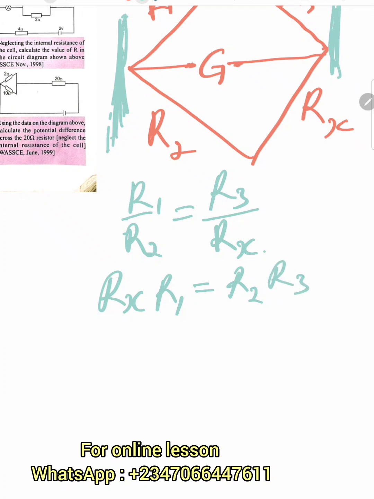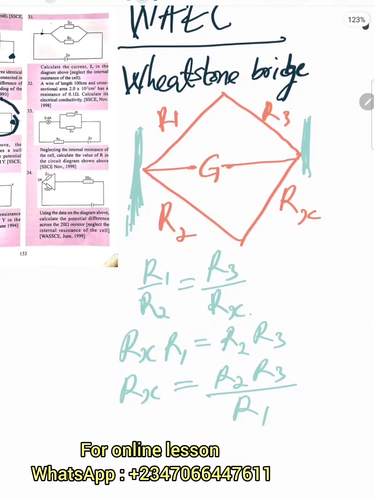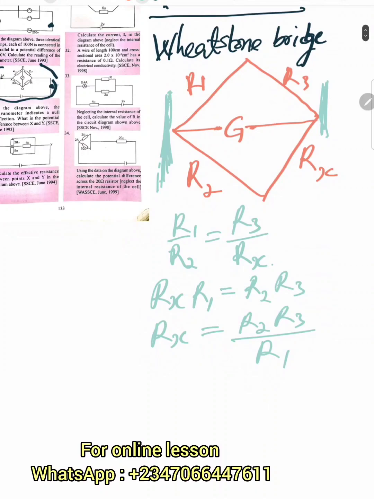Now we can cross multiply: Rx times R1 equals R2 times R3. Then you can get your Rx by dividing both sides by R1. We have Rx equals R2 R3 all over R1. So this is how this Wheatstone bridge is used to determine the unknown resistance by balancing the legs of the bridge.